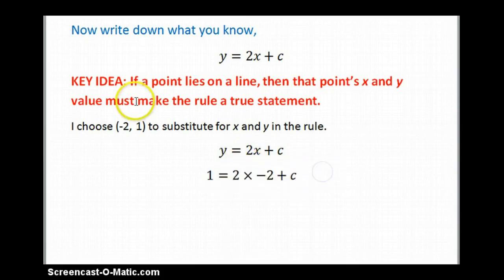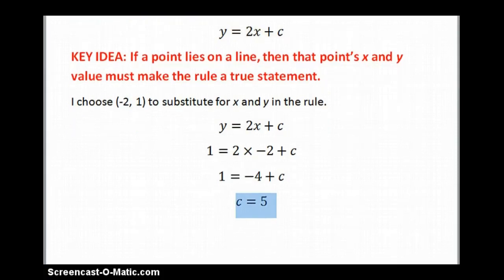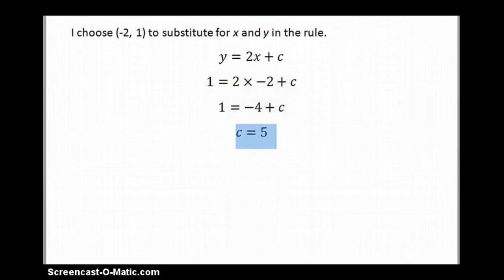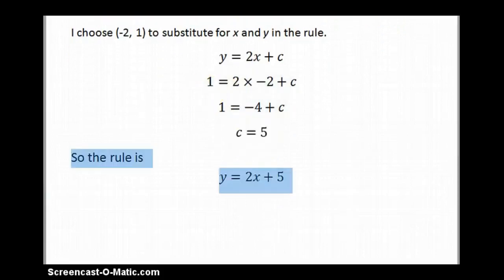Now I want to tidy that up. 2 times -2 becomes -4. Now I want to get c by itself, change the side, change the sign, gives us c equal to 5. Now I know everything I need about the rule. So I need to just write that down. So the final rule is y equals 2x plus 5.